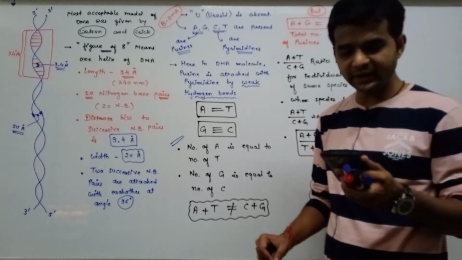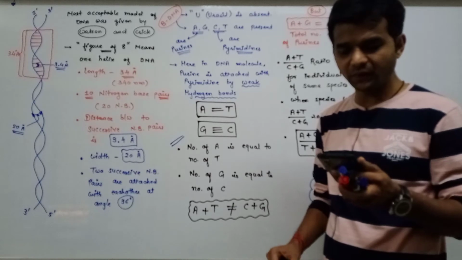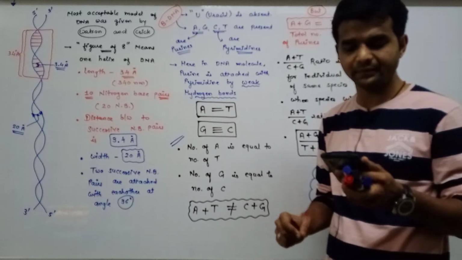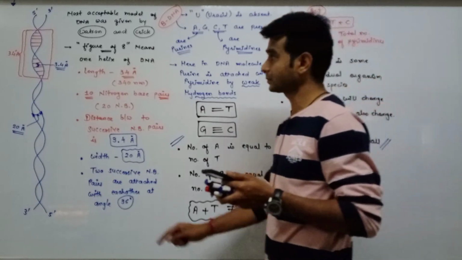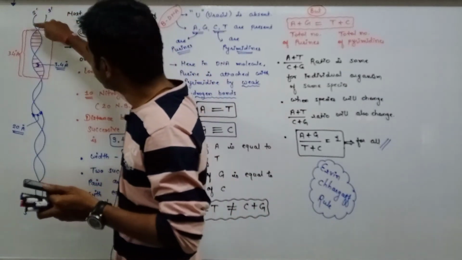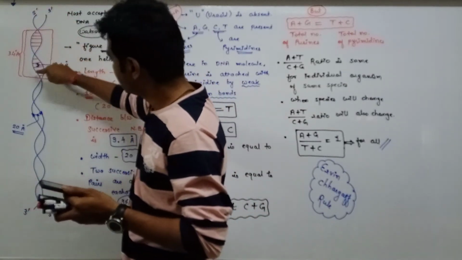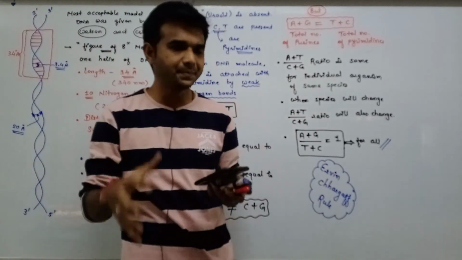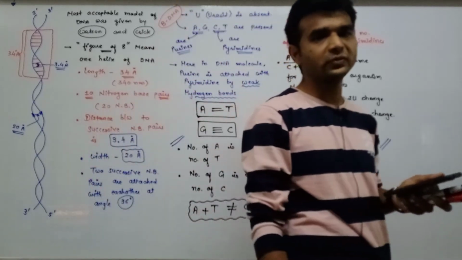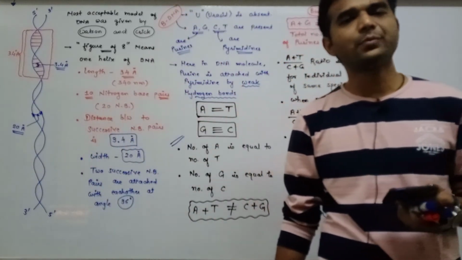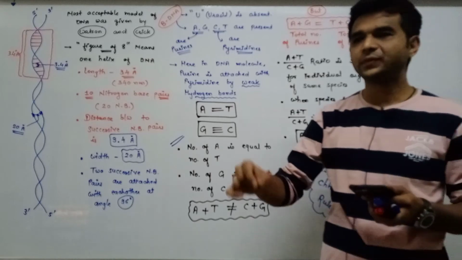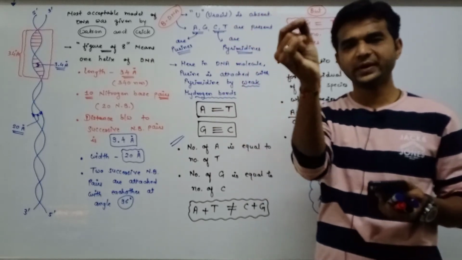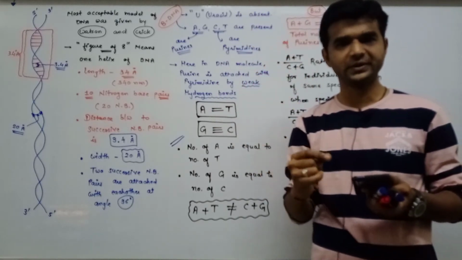The backbone is formed by the sugar-phosphate-sugar chain. See, this is known as the backbone. The main portion of both the strands is known as the backbone. The backbone is formed by phosphate, sugar, phosphate, sugar, phosphate, sugar, like that.